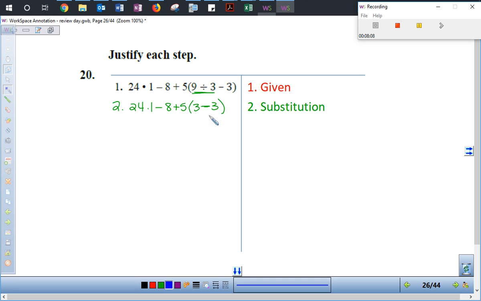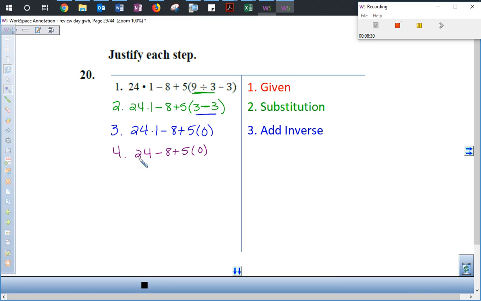Next, according to the order of operations, we need to take 3 minus 3, and that's going to give us 0, so 24 times 1 minus 8 plus 5 times 0, and that should be the additive inverse. You can abbreviate the word add, the additive inverse. Then we want to take 24 times 1 to get 24 minus 8 plus 5 times 0.